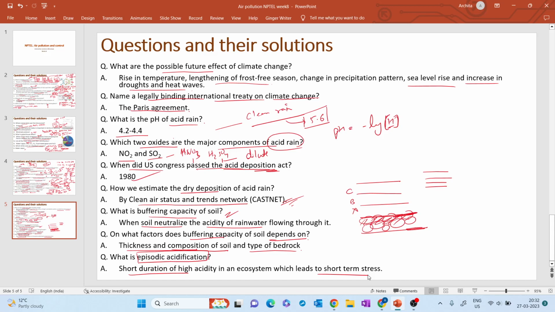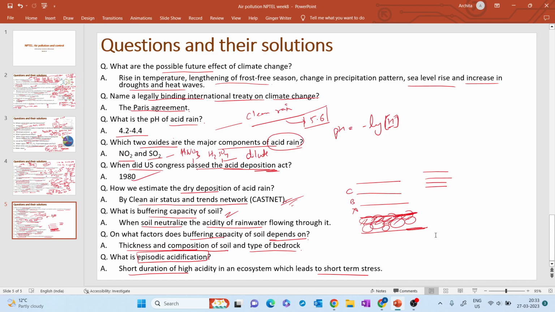The rain comes, it lowers the pH to acidic, and it leads to short term stress to the plants and the soil and everything. But once the acid rain is gone, the effect itself decreases, and hence it's gone. That is episodic: when the acidification is for a very short duration, over time it declines, and then it completely stops until another event of acidification.